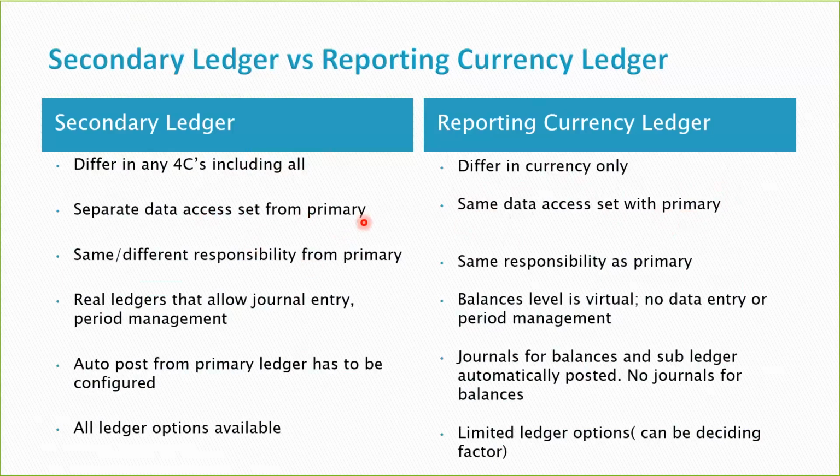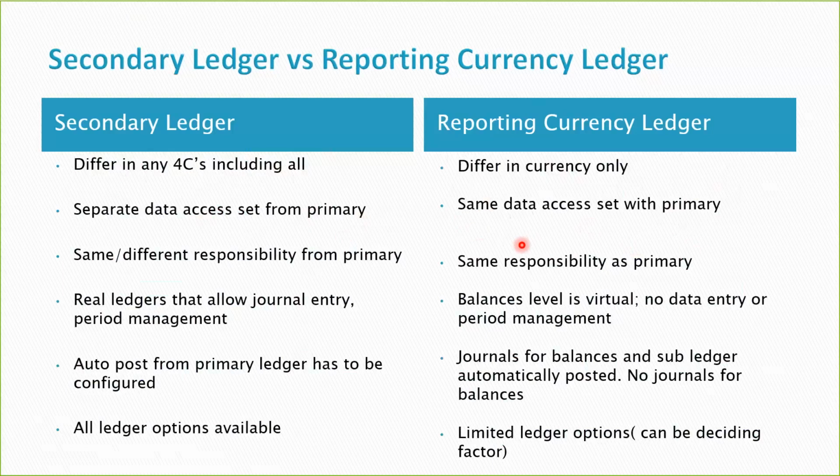What are the implications of this? Then this means that in case of the reporting currency ledger, we can have the same responsibility to view information in both the reporting currency ledger and the primary ledger. So remember, we attach a data access set to a responsibility, and then we assign that responsibility to the user.